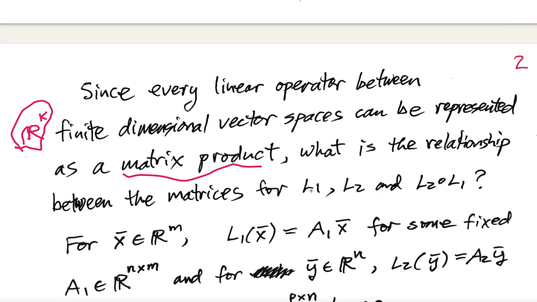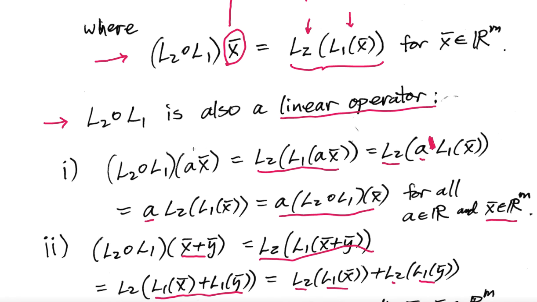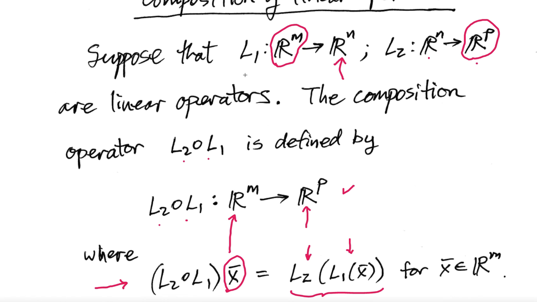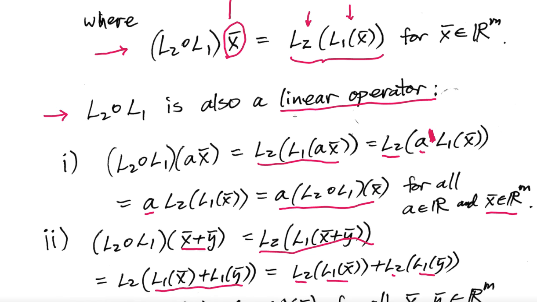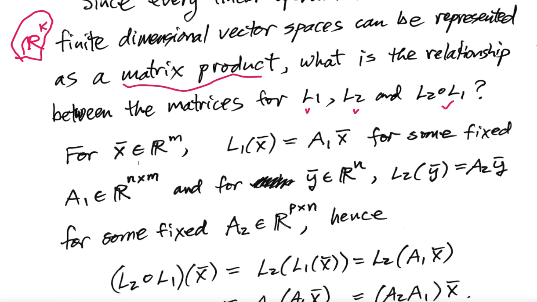What is the relationship between the matrices for L1, L2, and the composition? Well, it's going to be easy, actually. For x in R^m, L1 of x is some matrix A1 times x.